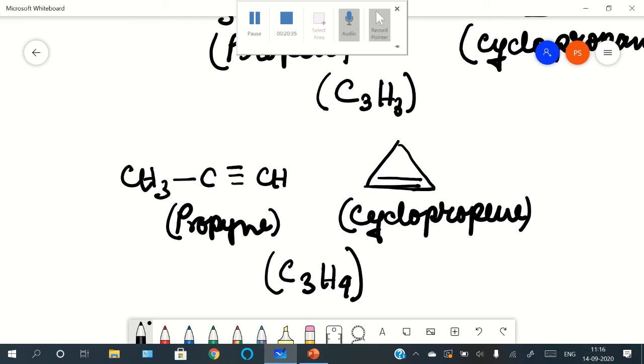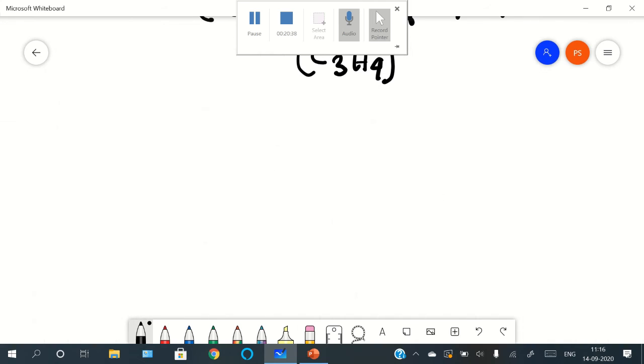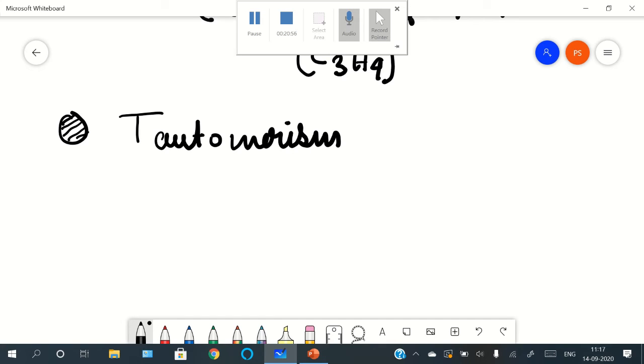The last in the structural isomerism that we are going to study is tautomerism. Now there are some conditions for this kind of isomerism or tautomerism.